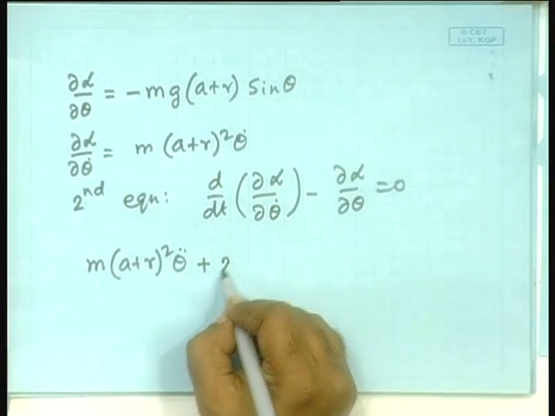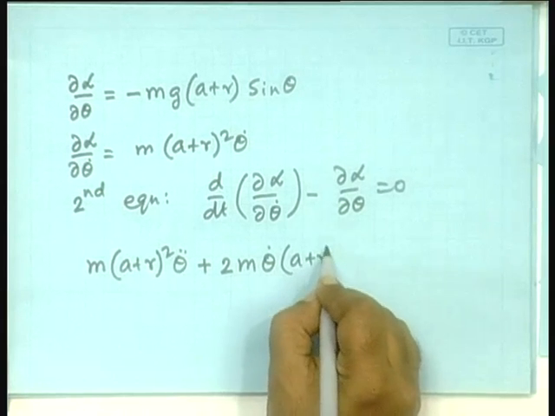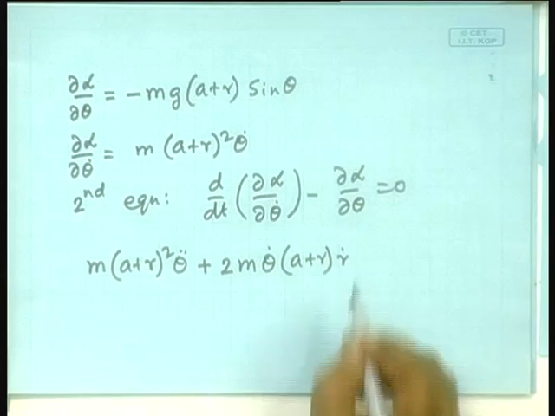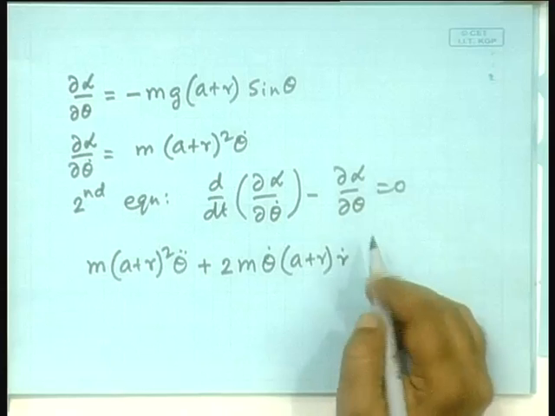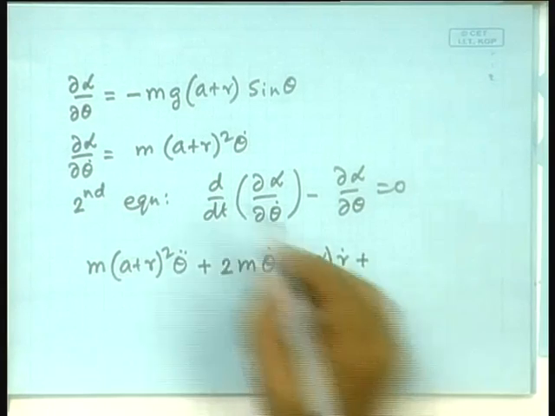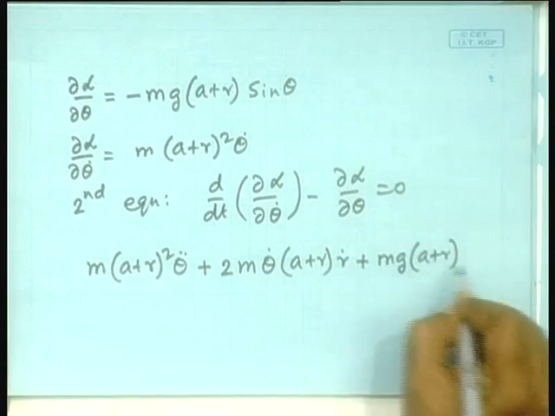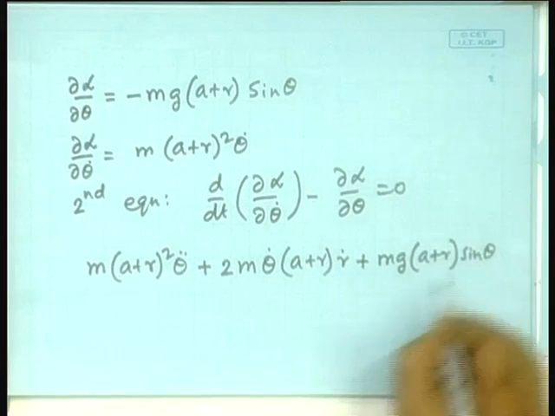So, you have twice m theta dot a plus r into r dot, okay, minus, then it becomes plus, yes, m g a plus r sin theta equal to 0.